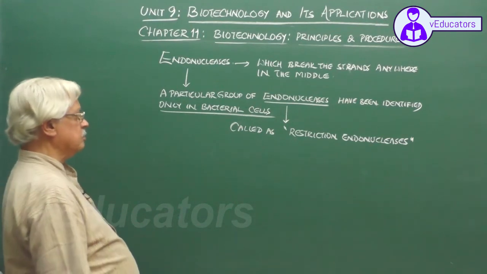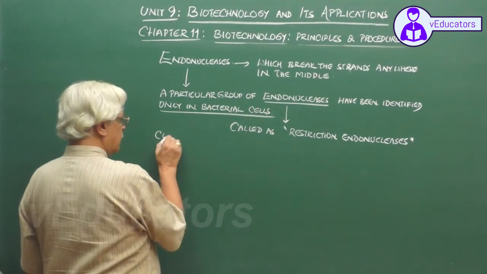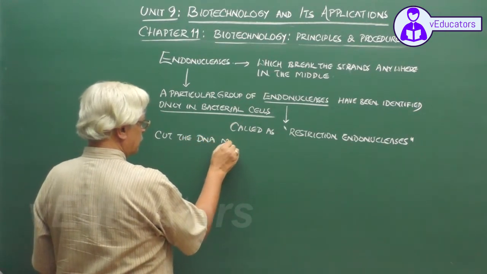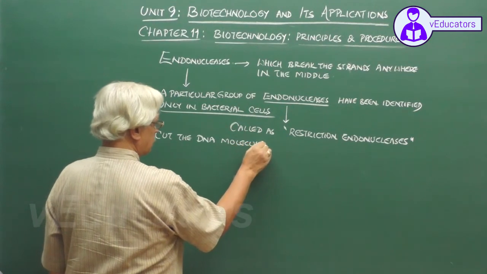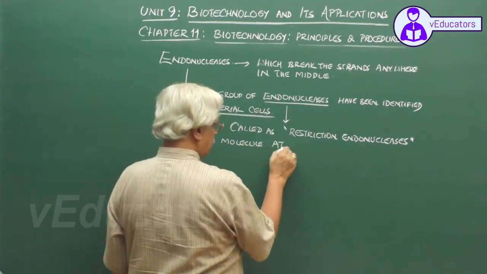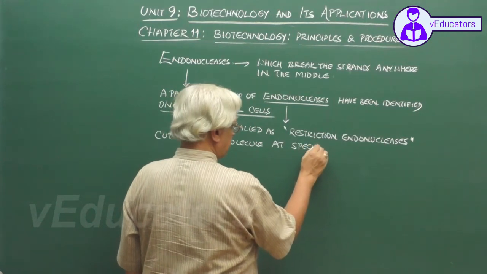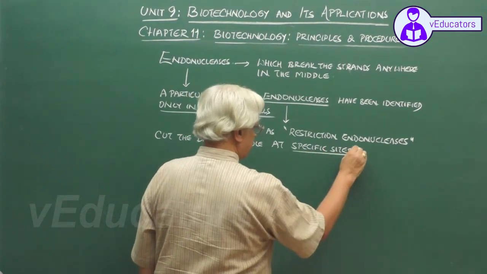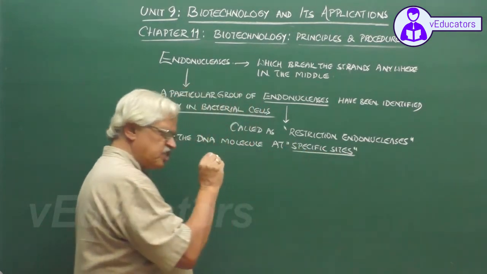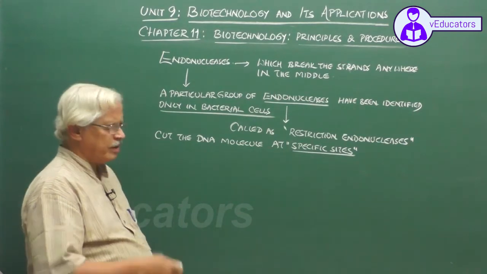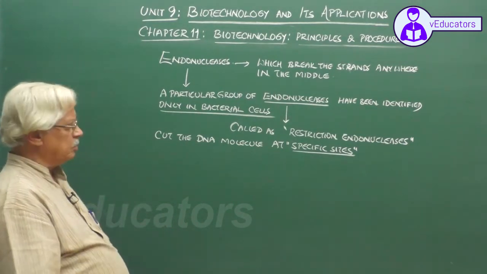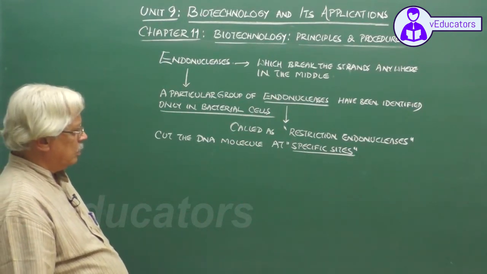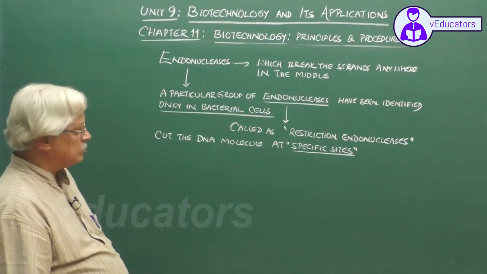This is because these enzymes cut the DNA molecule at specific sites, not randomly. What are these specific sites?